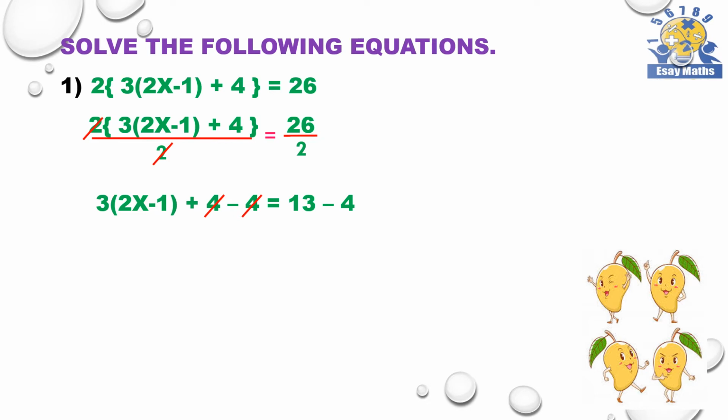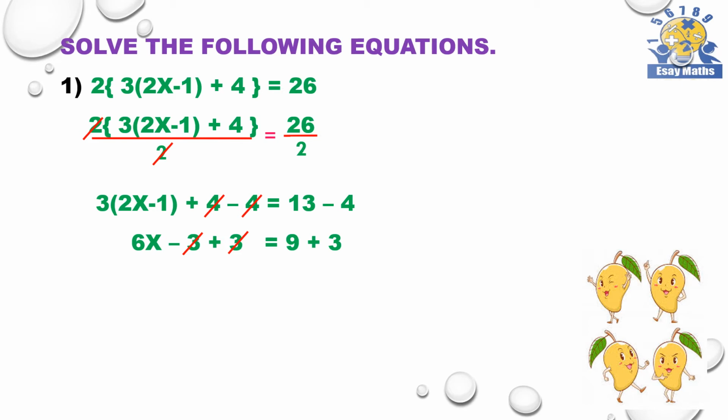So it's 3 times of 2x minus 1 plus 4. Now to remove that plus 4, we should put minus 4 for both sides. Now it will remain only 3 into 2x minus 1.